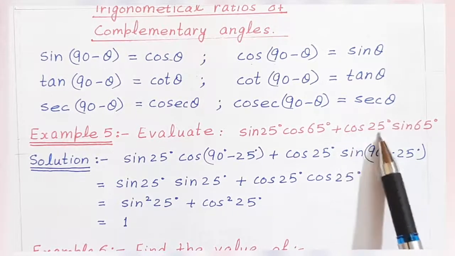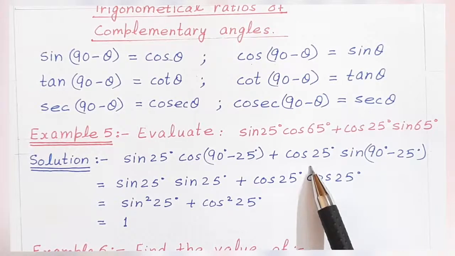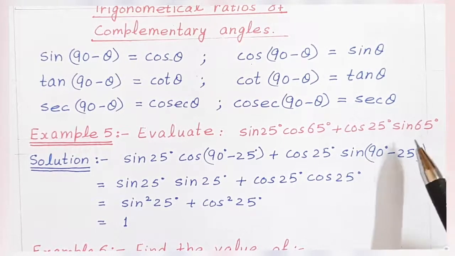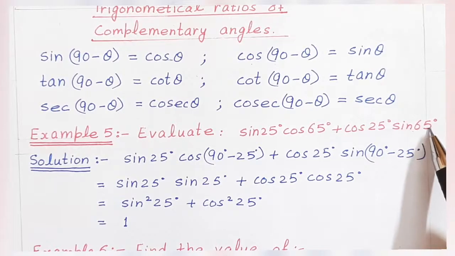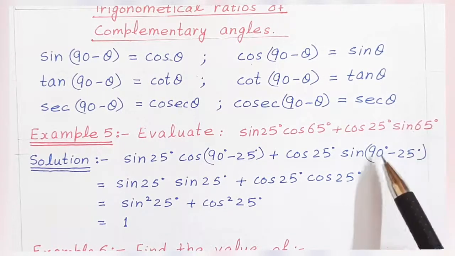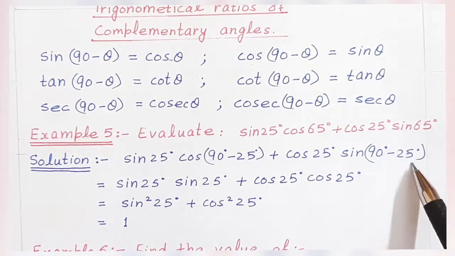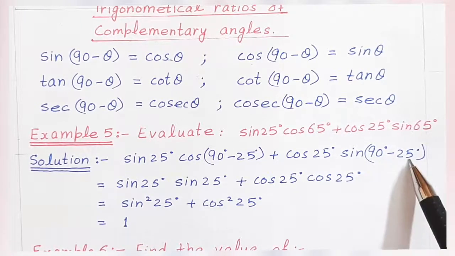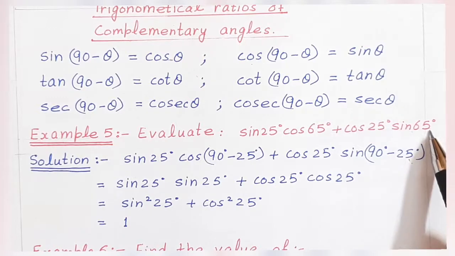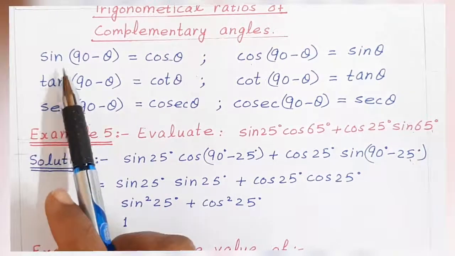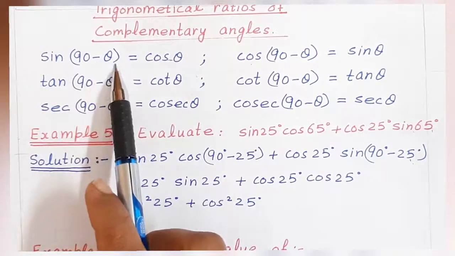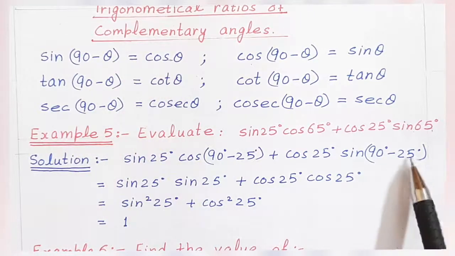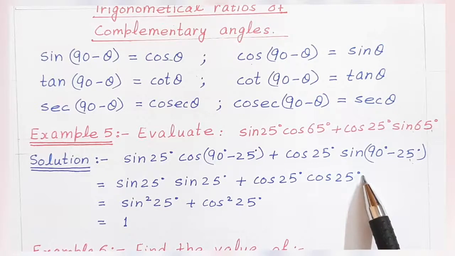Let's keep cos 25 as it is and let's make changes in sin. So, sin 65, now 65 is 90 minus 25. Sin 90 minus 25 degree is equal to cos 25 degree. So, that's why it is cos 25.